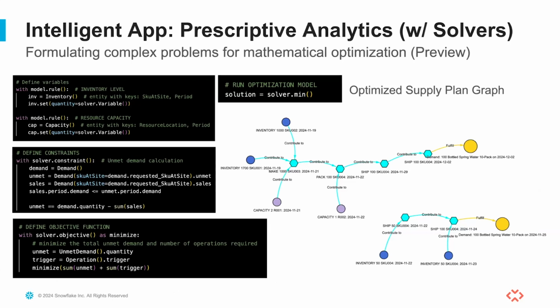Again, underneath the covers here is a very sophisticated integer programming solver that is just there. It's as if it was built into the programming model, and using the same types of rules he used before, he used those rules to define an objective function that he wanted the solver to minimize or maximize. An objective could be like, I want to make the most amount of money, or I want the least amount of risk, or I want my supply chain to be robust, or I want it to be environmentally friendly.